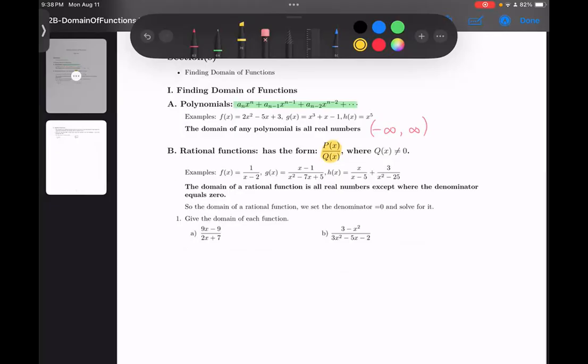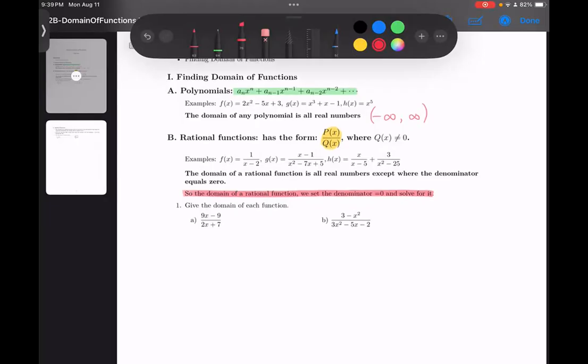Our job is simply to find and exclude those values. To find the domain of a rational function, we set the denominator equal to 0 and solve for it. Whatever the results are, you exclude those values from the domain, because they make the denominator 0.